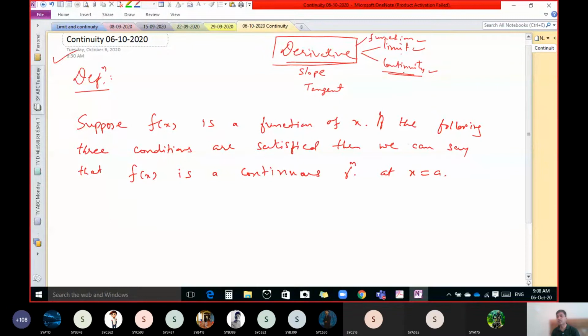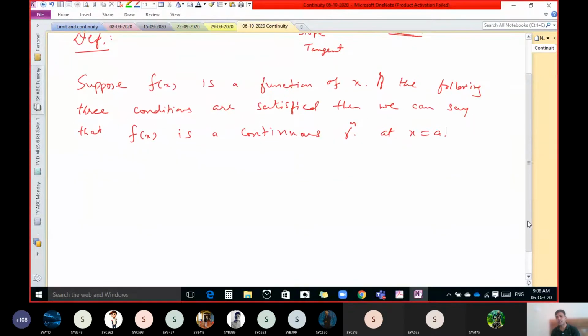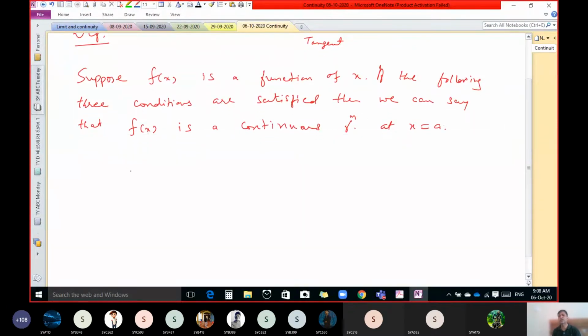Here a is any constant number like 5, 3, 2, -4, like that. So if three conditions are satisfied, then f of x is continuous at x equal to a. Which three conditions?